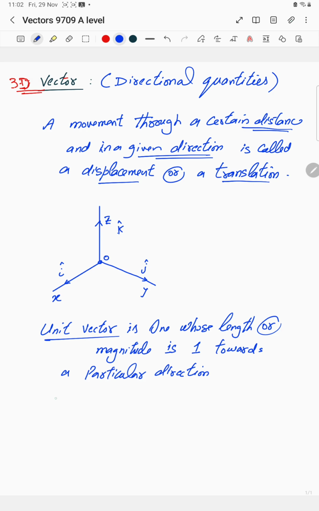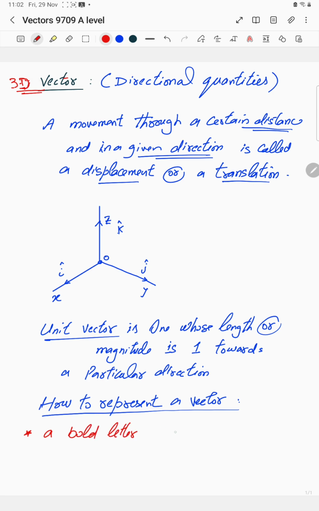Guys, how do we represent a vector? Generally it is represented with a bold letter, like you can write this A in bold form, a bold capital letter. It must be bold.